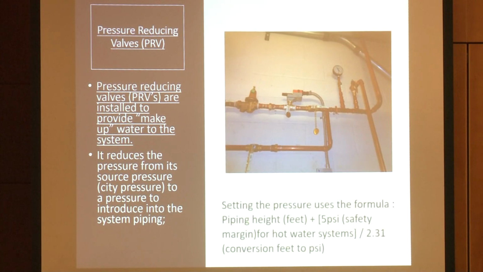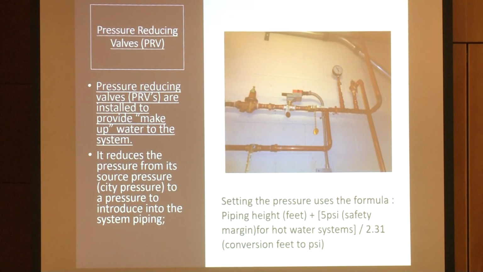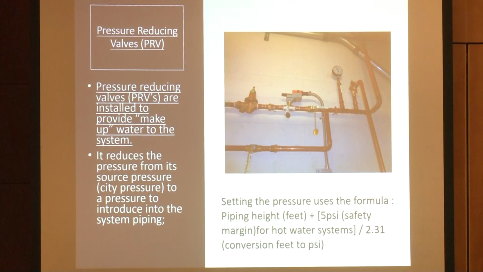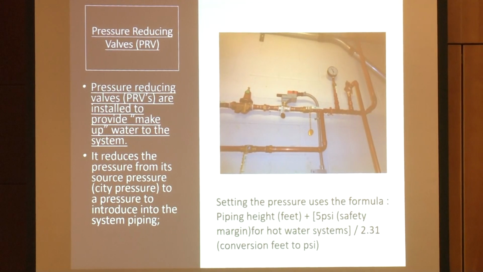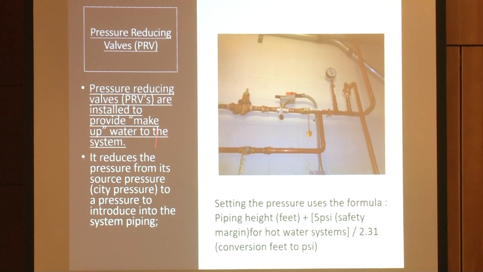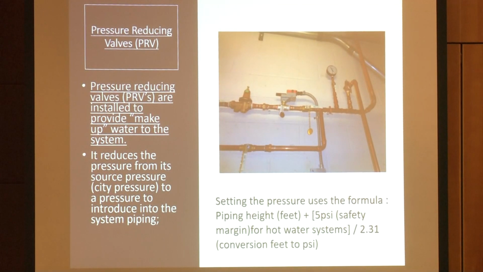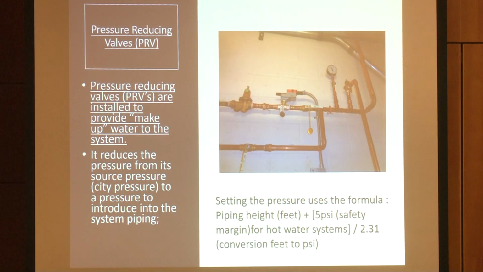And the way you do that is you figure out the formula, the piping height in feet, and it just depends on how tall the building is. Most buildings are 1 or 2 or 3 stories, so you're going to set that PRV at whatever that height is, plus a little extra safety for hot water systems, and then convert it from feet to PSI and make sure that you set that PRV at the right pressure so that the water is always keeping the pipes full.